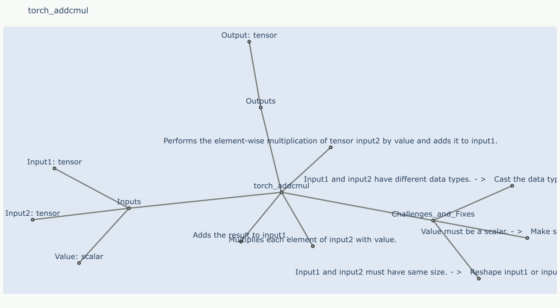Fixes to challenge 2: ensure that the data types of the tensors and the scalar value are compatible. You can use the torch.tensor function with the dtype argument to specify the desired data type.